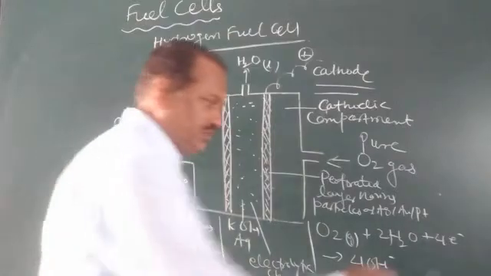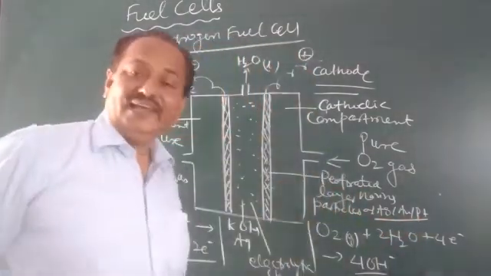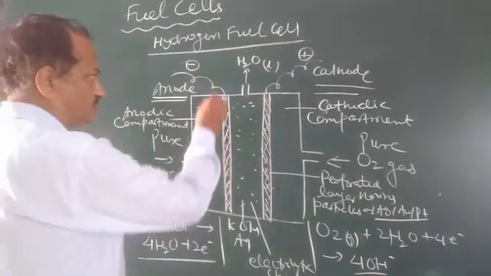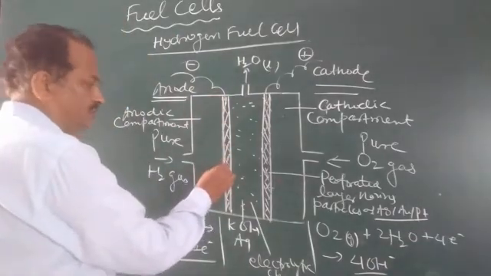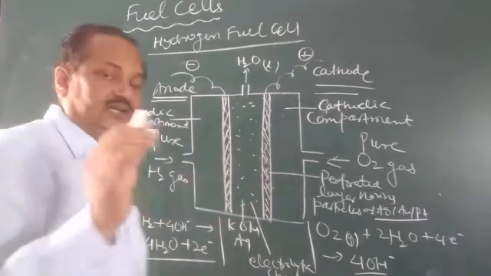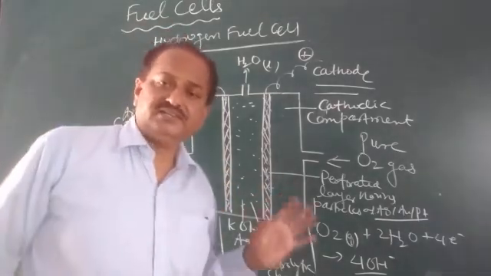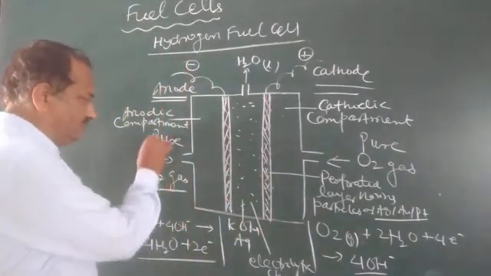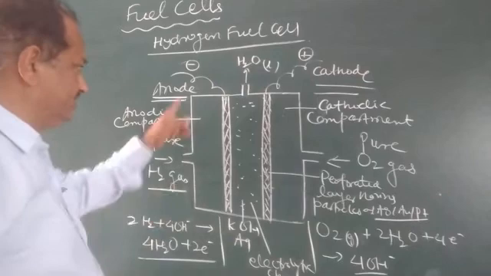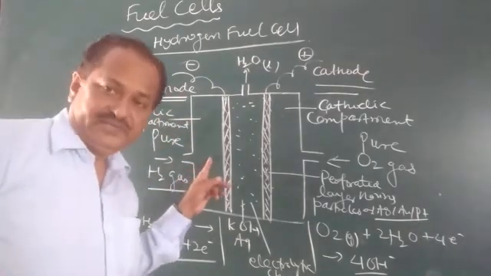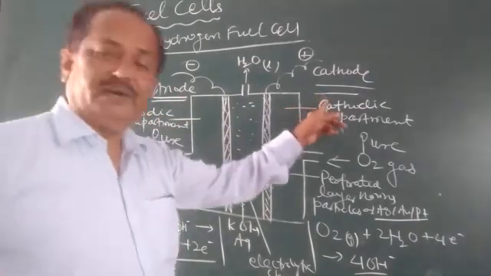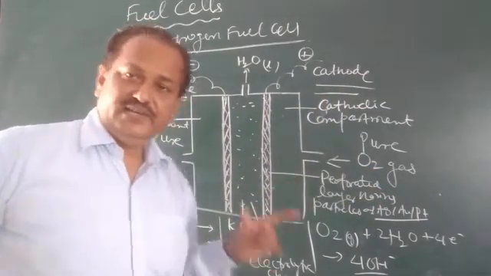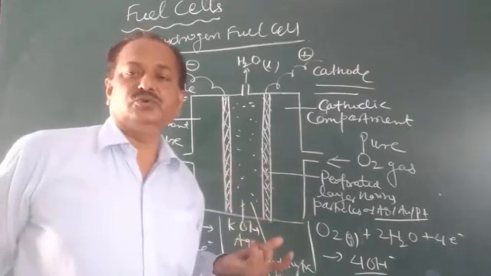The heavy metals act as catalyst. It is also perforated, meaning very minute holes, such that only the pure hydrogen gas is passed. Hydrogen gas is passed through the anodic compartment, and through the cathodic compartment, or the cathode, pure oxygen gas is passed.